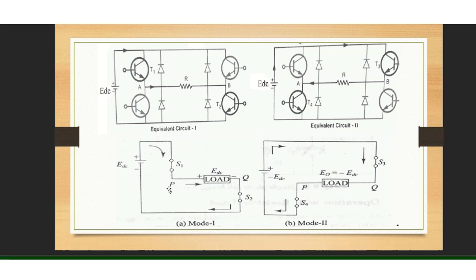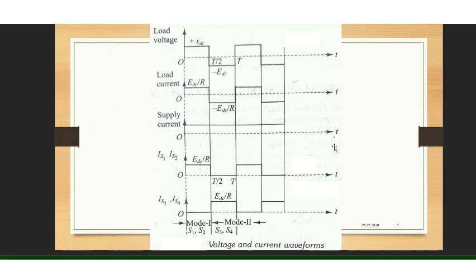The current direction also will be reverse between the time instant T by 2 to T. So from 0 to T by 2, when T1 and T2 are conducting, the output voltage is plus EDC, and between T by 2 to T, when T3 and T4 are conducting, the output voltage is minus EDC.